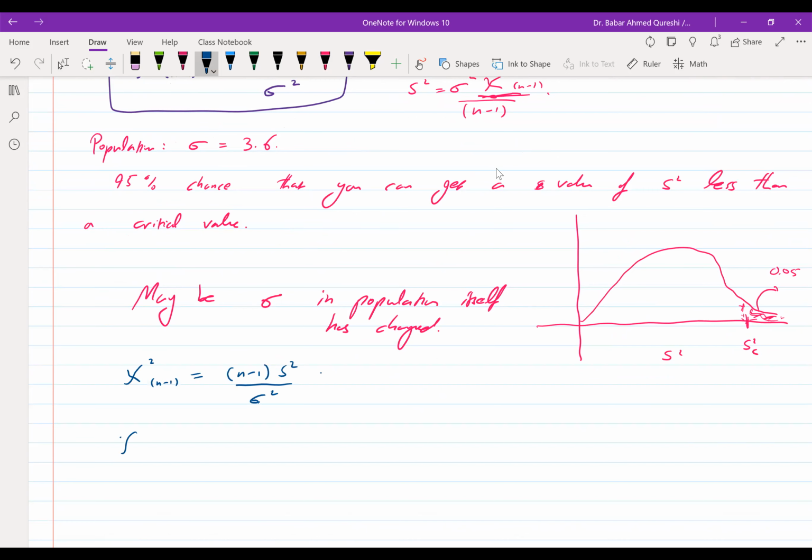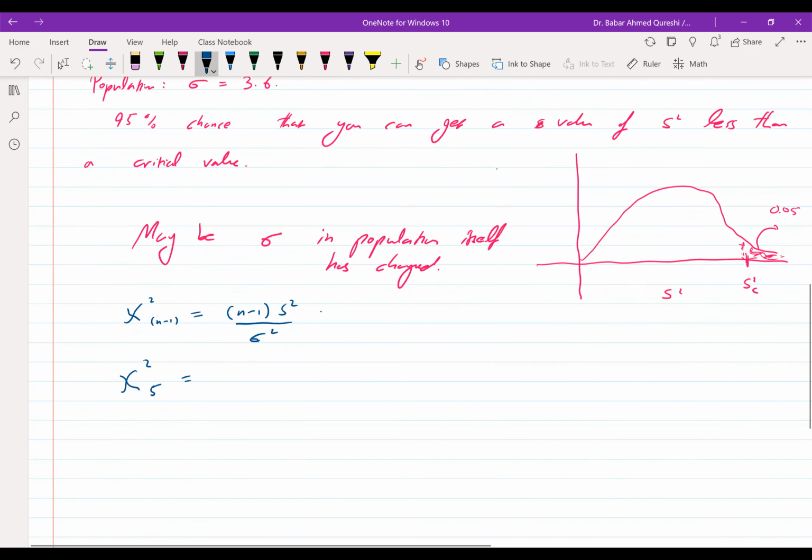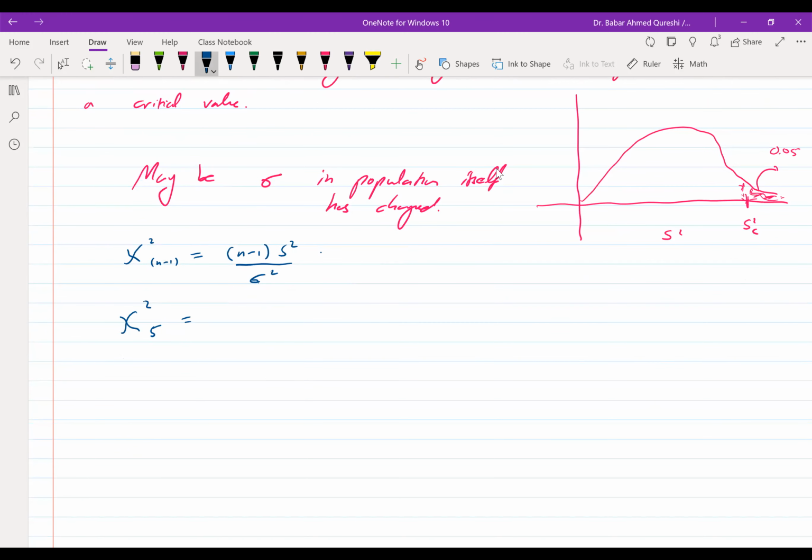So in our case, it would be a chi5 variable. Square is just a symbol. It's always written as a square. You don't need to ever take a square root of this thing. It's just its name. N minus 1 is 5 for us. Sigma square is 3.6 square. So that's 12.96.